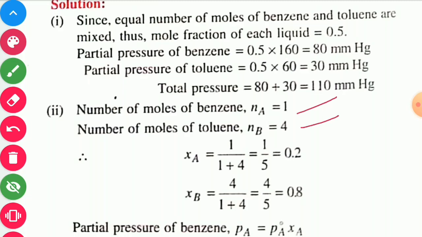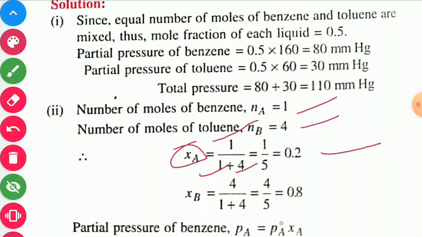Therefore, the mole fraction of benzene, that is Xa, will be equal to the number of moles of benzene upon the number of moles of benzene plus toluene. So here the number of moles of benzene is 1 upon 1 plus the number of moles of toluene, that is 4. So it will equal 1 upon 5, that is 0.2. Means 0.2 is the mole fraction of benzene, which is XA.